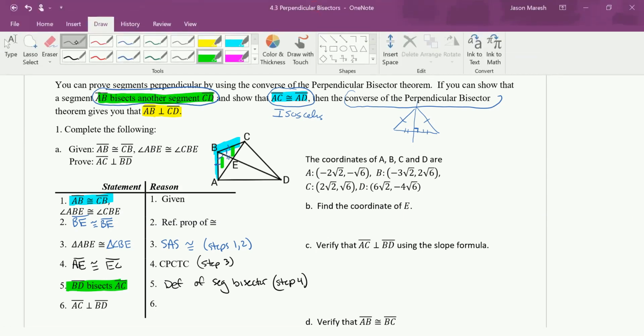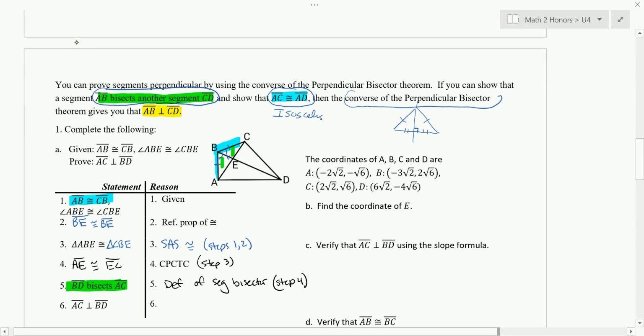Otherwise, this proof would be much longer. I would have to say the angles are congruent and they form a linear pair, and because they're congruent and form a linear pair, we get 90-degree angles, and because they're 90-degree angles, they're perpendicular. I get to skip all that extra stuff and just use the converse, which saves some work.